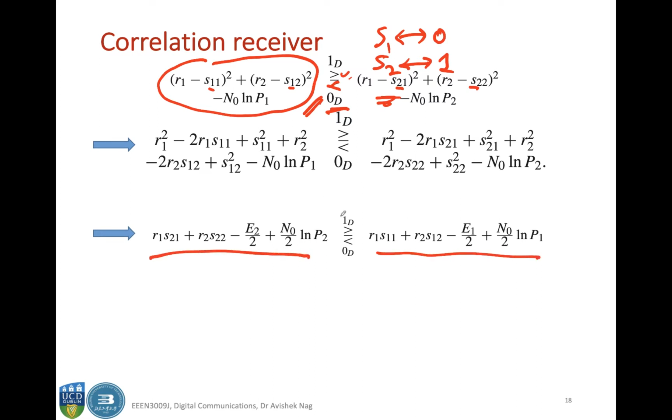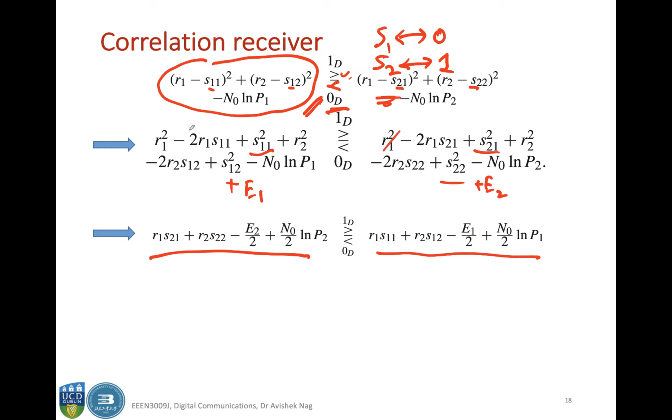Okay, so you can see that the square terms are cancelling on both sides. R1 square and R2 square are cancelling. And S11 square plus S12 square together gives the energy of the signal S1, so that is E1. And S21 square plus S22 square is E2.